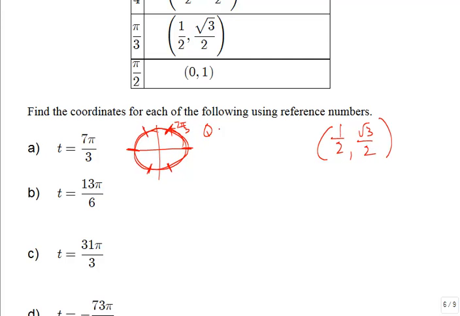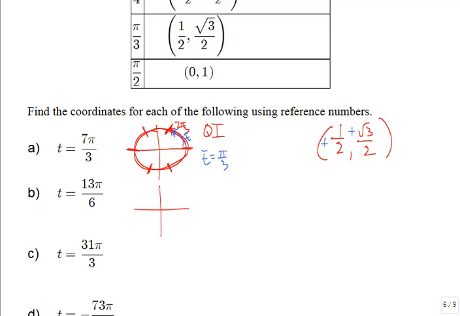Which quadrant did we end up in? We ended up in quadrant 1. If you wanted to draw it in, this piece right here would be your t bar, just that extra pi over 3 that we had to go beyond 2 pi. Since we're in quadrant 1, both of these coordinates need to be positive. And that's it.